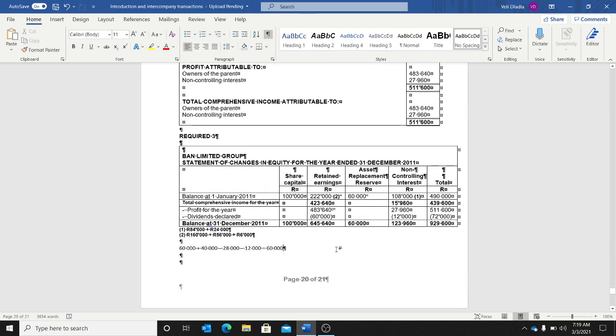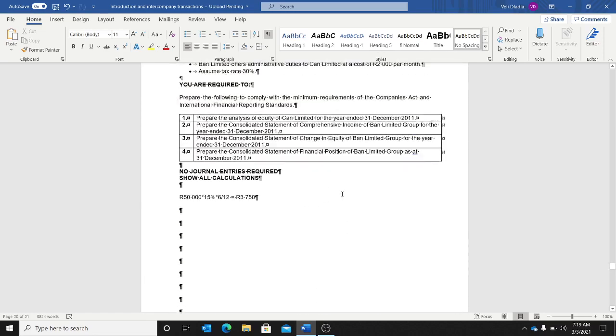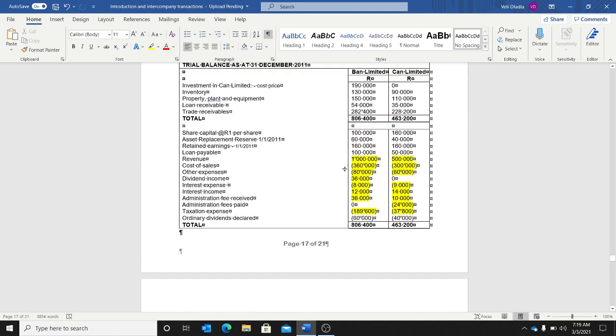Then we come to retained earnings, right? What is the opening retained earnings of the holding company? Where is it? Here, 160. By beginning of the day, I've got 160.